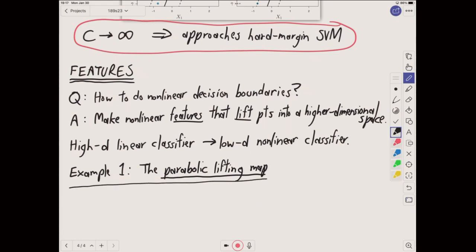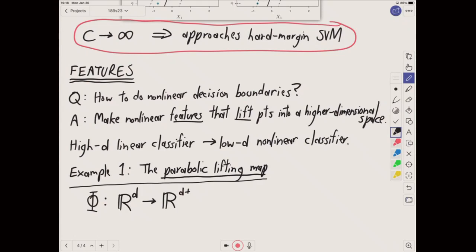Throughout this lecture, I'm going to use capital phi to mean the lifting function that takes one of your input sample points, training points or test points, and lifts it to a point in some higher dimensional space, usually by appending some new features.